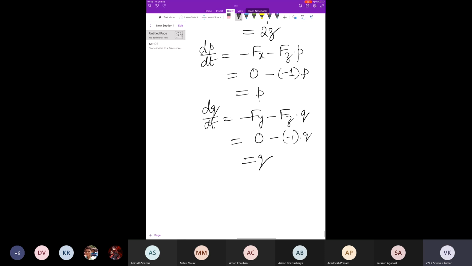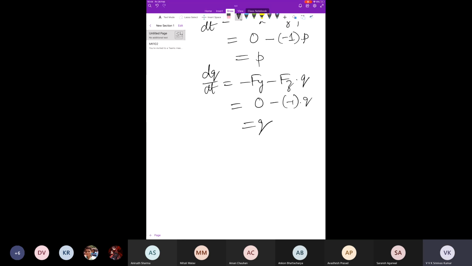So now go ahead and solve these. We can solve these things with the initial conditions. So first, what we can solve is Z. Z is equal to C1s into exponential 2t.